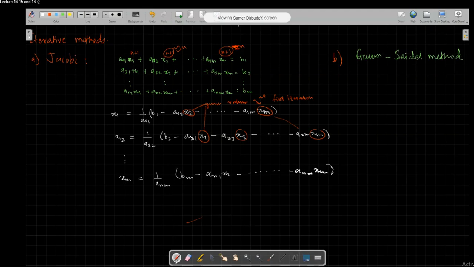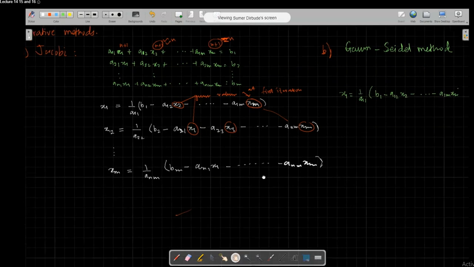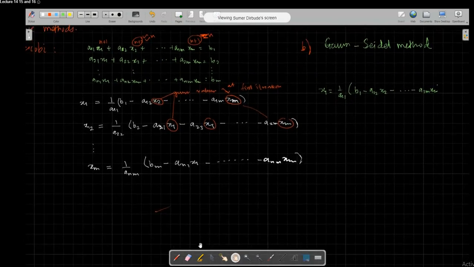Now, in that method, you again get x1 is equal to 1 upon a11, same thing, b1 minus a12 x2 and so on. But then what is the difference? That is our objective, to see Jacobi over the Gauss-Seidel method.